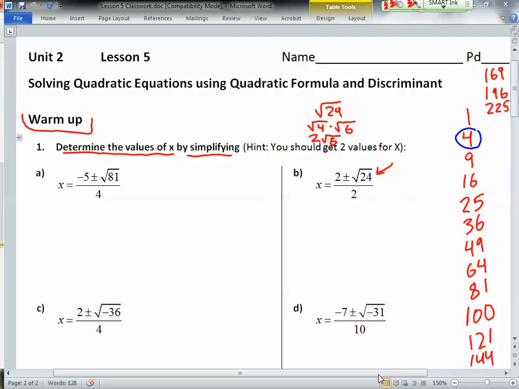Okay, so that's what I'm going to do down here. I'm going to say x is equal to 2 plus or minus. I just showed you up here that we end up with 2 times the square root of 6, right? Instead of the square root of 24. All that's being divided by 2.